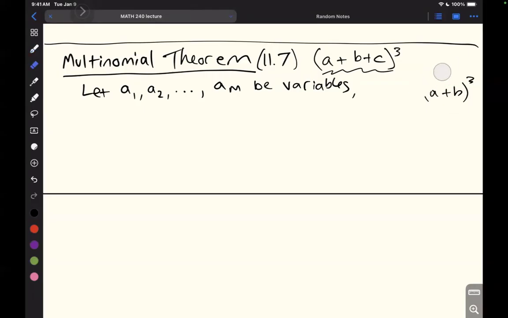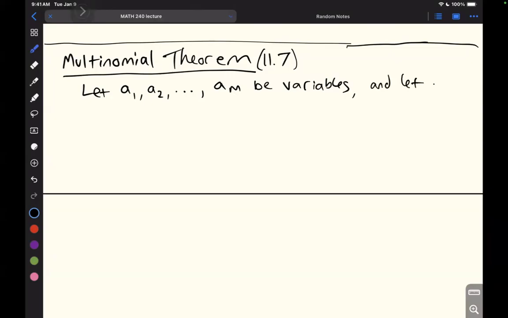Here, I'm gonna erase this part. I'll erase this. We'll talk about that later. So those are our variables. And let n be a positive integer. Then we've got our theorem.